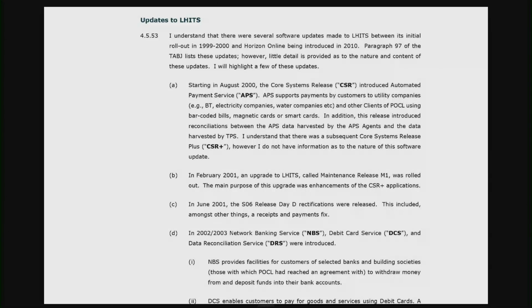Firstly, the core systems release that was introduced in August 2000. Yes, the core system release introduced the automated payment services, which supported payments by customers to utility companies such as British Telecom, electricity, and other utility companies, as well as other clients using barcoded bills, magnetic cards, or smart cards.